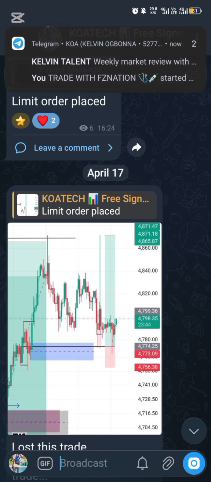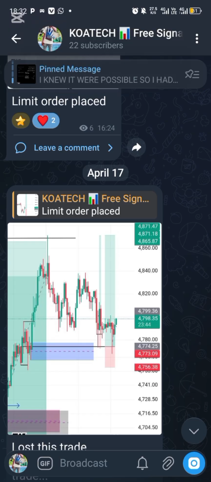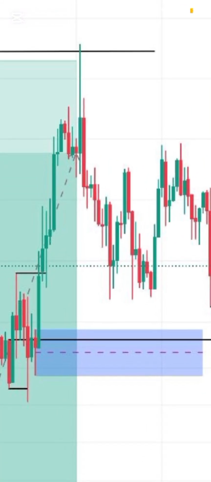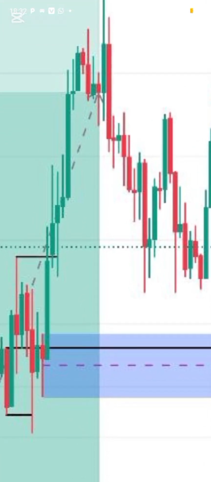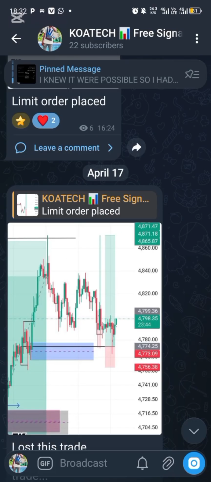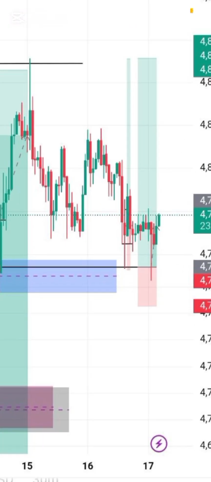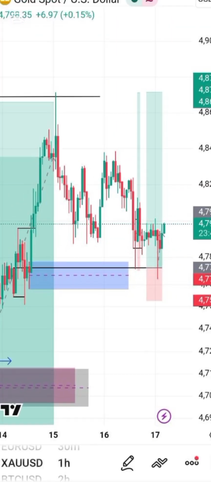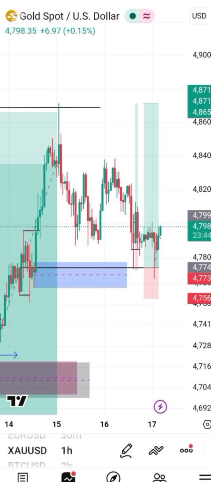Now I was swept as liquidity, and price later came back to that very other block that I used to buy. Now look at that mitigation here, and look at when price returned again to the OB to actually buy, and it did buy and went straight to TP. It did not even waste time before going straight to TP.